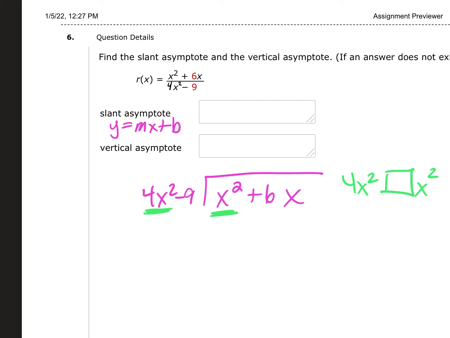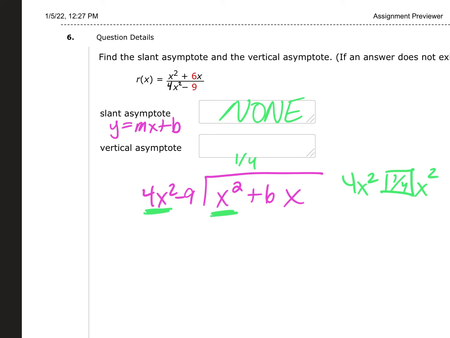It's not going to work. You'd have to multiply by 1/4, but even if you recognized that, is there an x with it? No. X squared times 1 gives you x squared. So there's no x here. This is none. No slant asymptote.